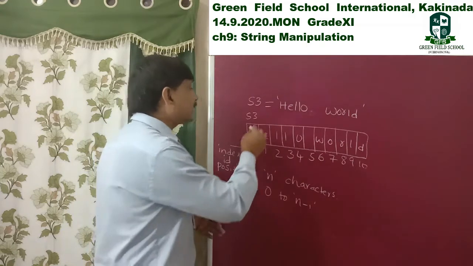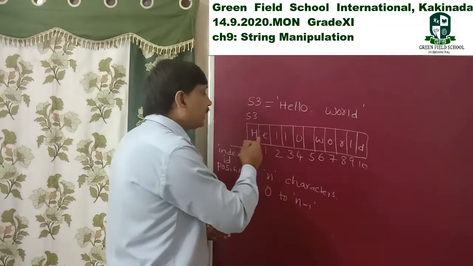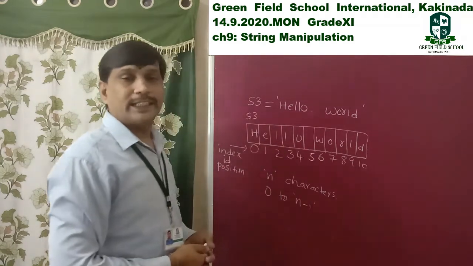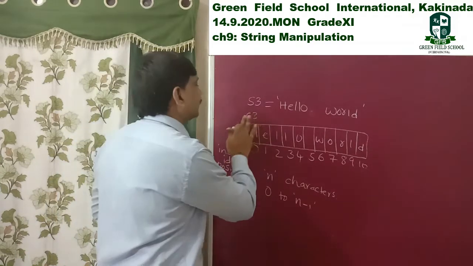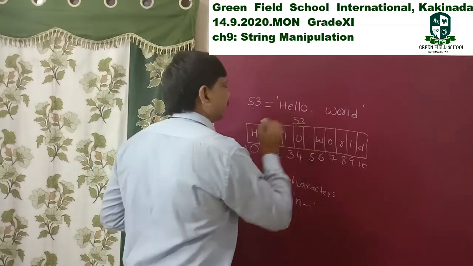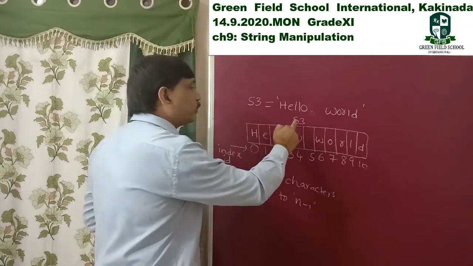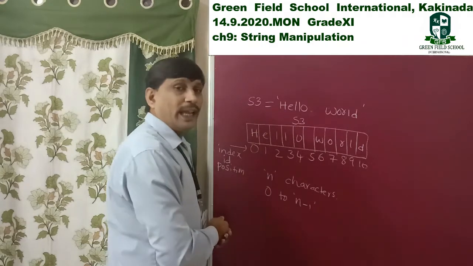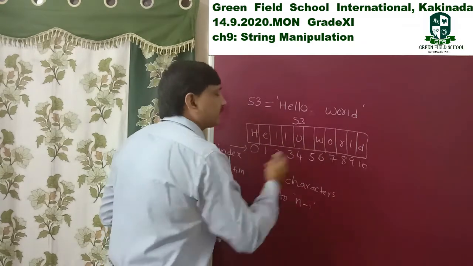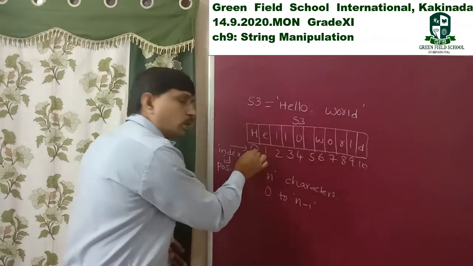Next, we access each and every character of this string individually. How to access? By using S3. By using this name, the string variable S3, we access each and every character of the string. S3 of 0.